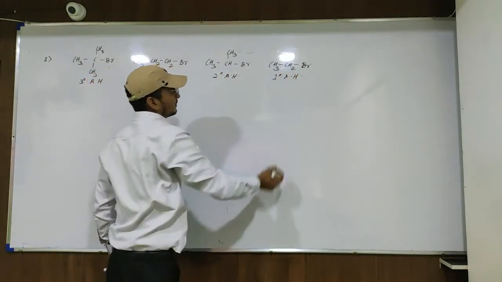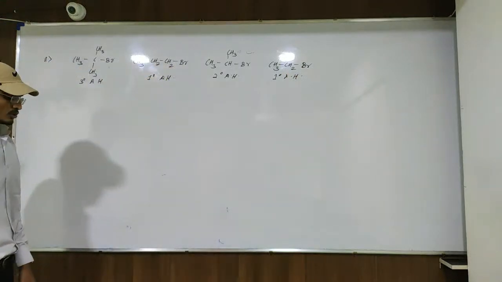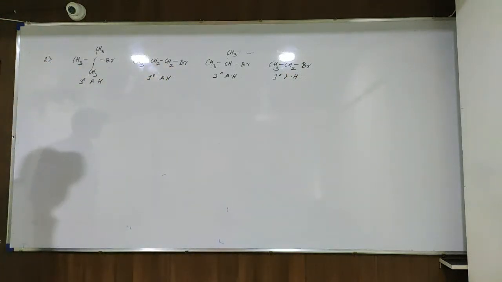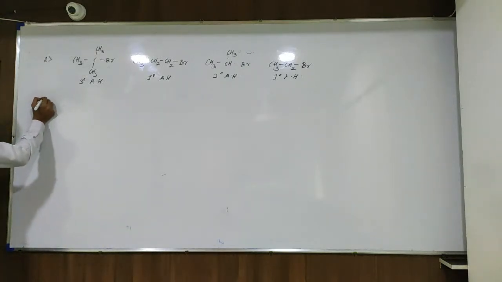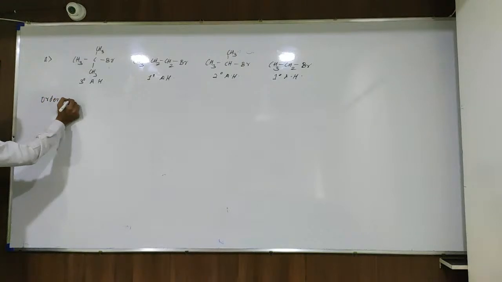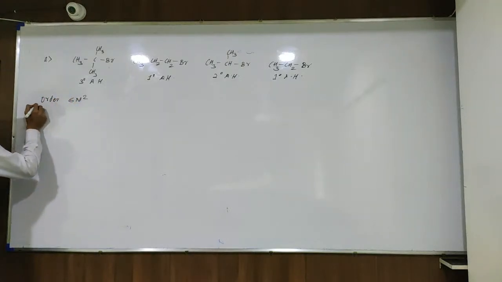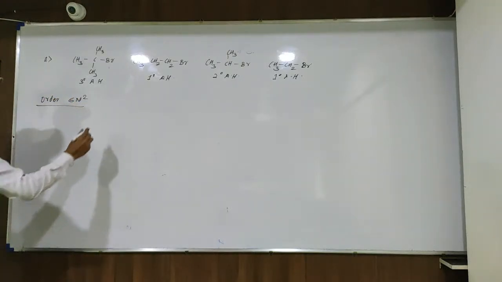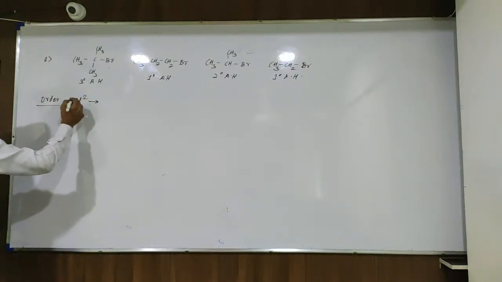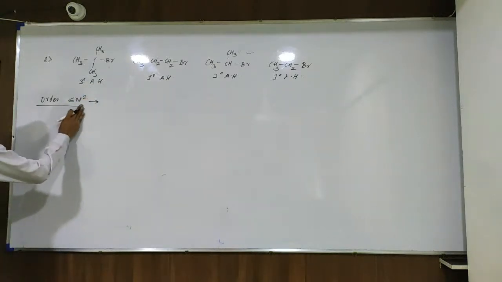Okay. But among that, which alkyl halide shows SN2 reaction faster than the SN1? So that's why there is a need to see the order of SN1 and SN2. So first see the order of SN2. आता बघा या चार मधला कोणता alkyl halide हा SN2 reaction fast दाखवेल.